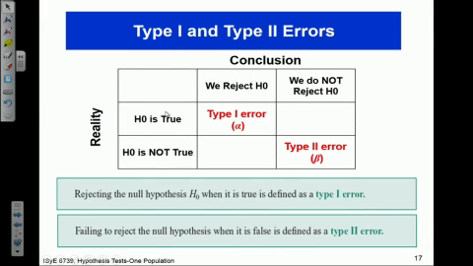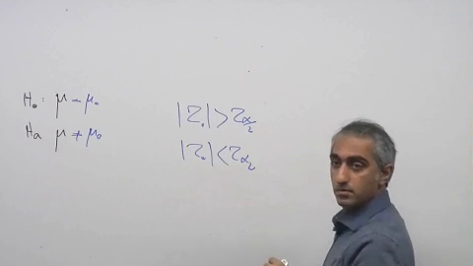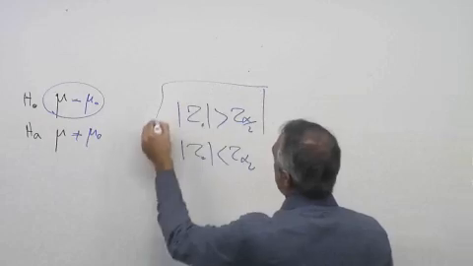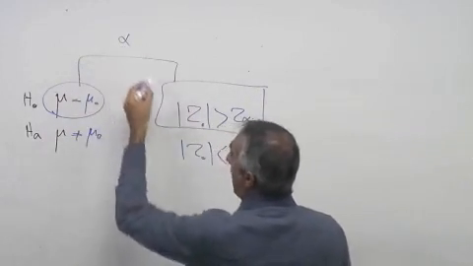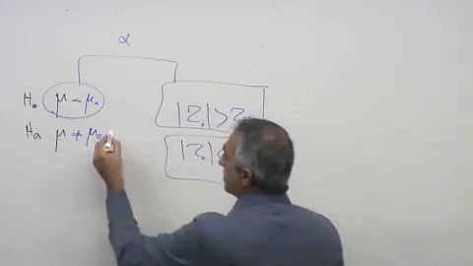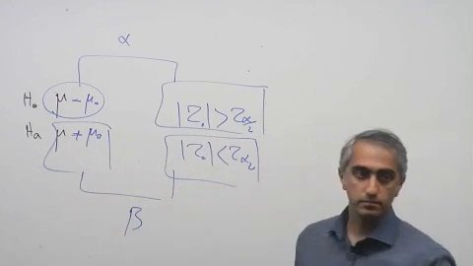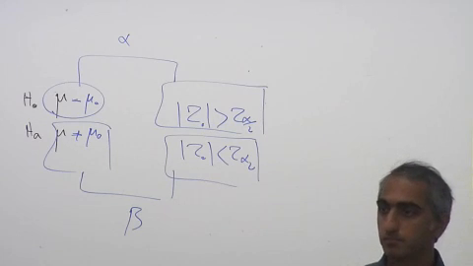So in reality, mu is not mu 0, but the sample that you got says otherwise. If this is true and this is what you get, these two give me alpha, and this is beta. Does it make sense?